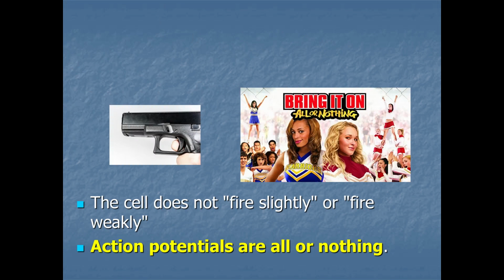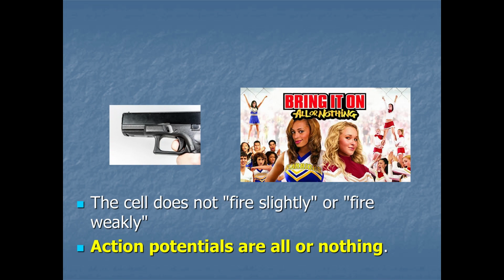Each individual action potential is always the same strength, but maybe more of them are going off or they're going off quicker. An analogy might be like a gun. Your finger might pull the trigger back just a tiny bit, but that might not be enough to fire it, right? You didn't reach the threshold to make the gun go off.